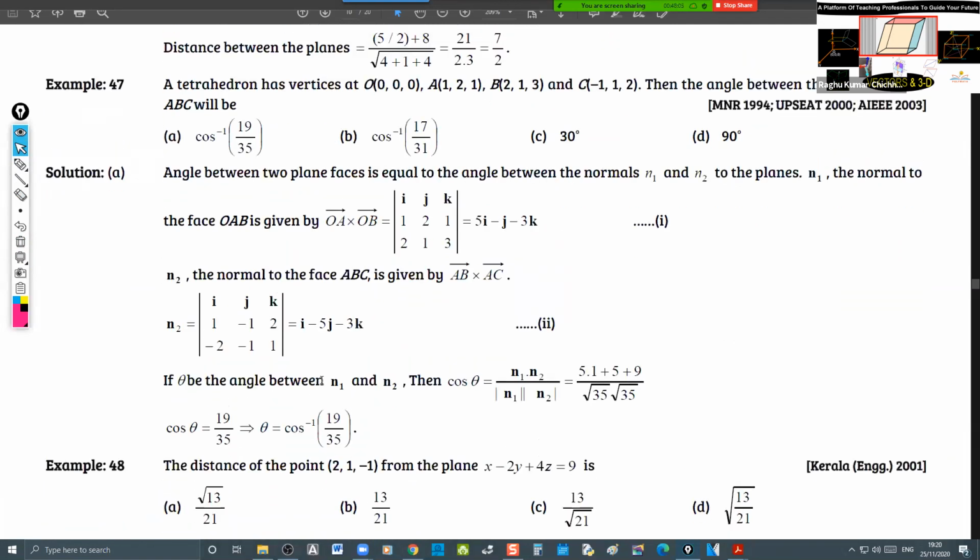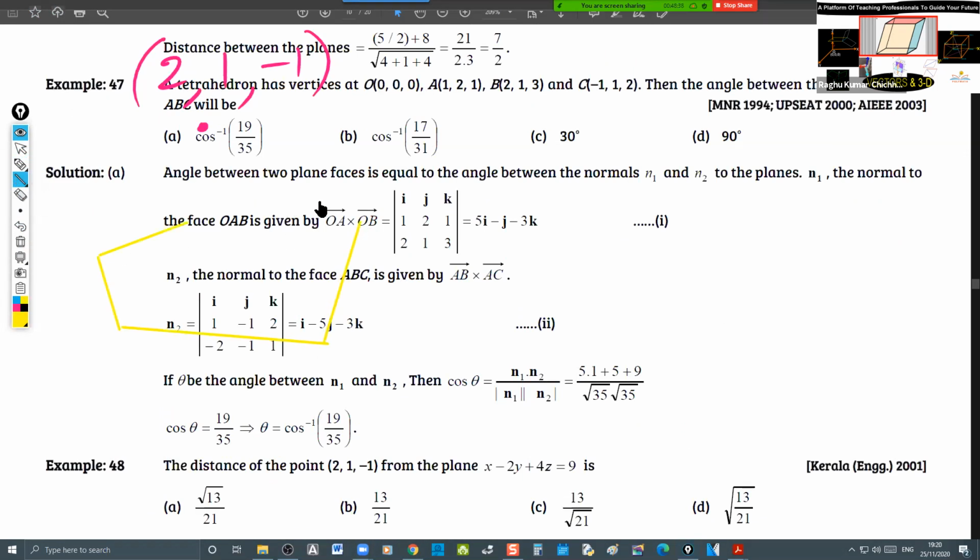The distance of the point 2, 1, minus 1 from the plane. Can you try this? I'll write the data. This is a straight question, please. The point is 2, 1, minus 1. Now the plane is this.